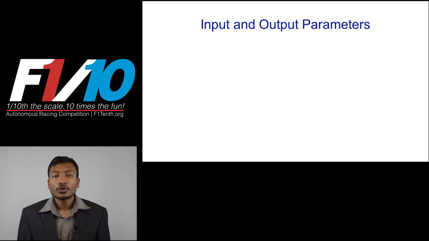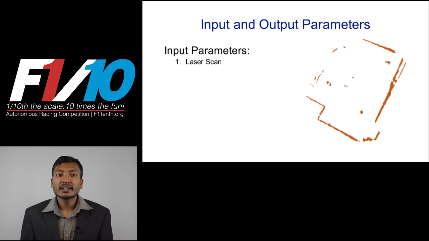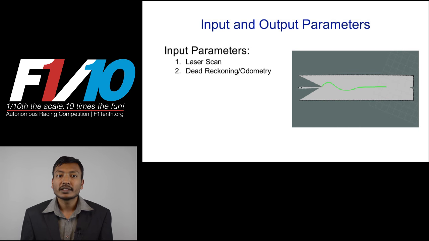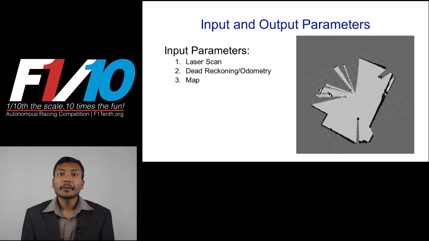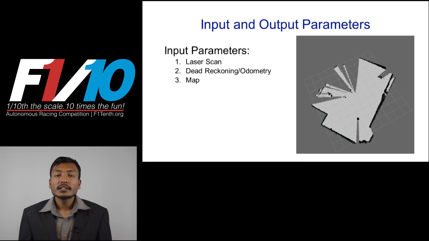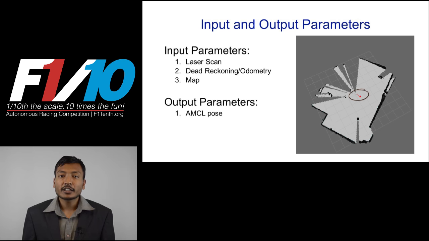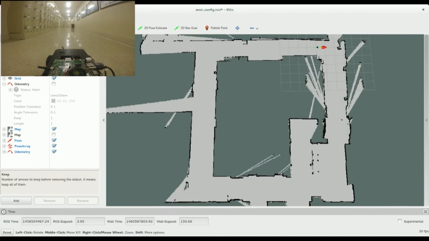So, to summarize, we need sensor data, that is a LiDAR scan, an odometry source, in this case Hector odometry, and a pre-built map as input for this package. This package is going to produce the correct pose of a vehicle and also the particle cloud for debugging purposes. Now let's see the AMCL package in action.